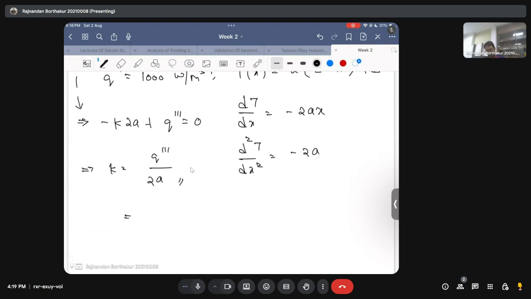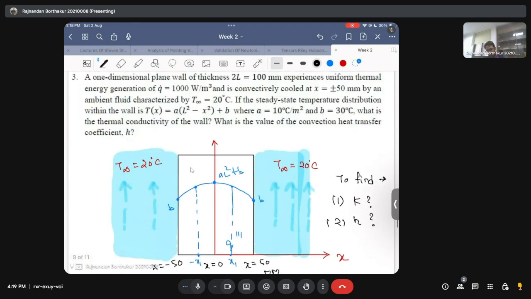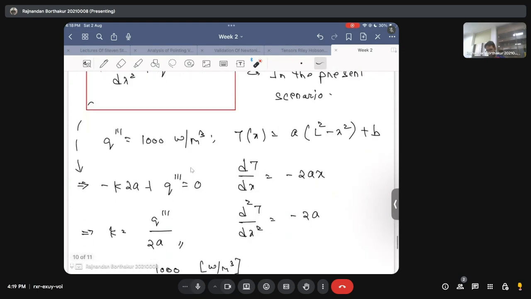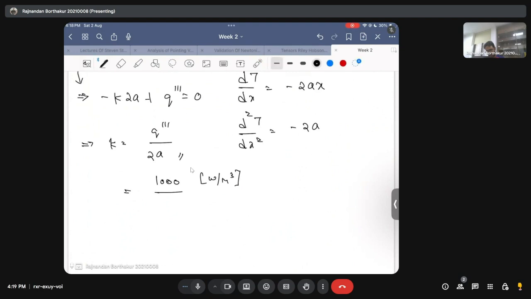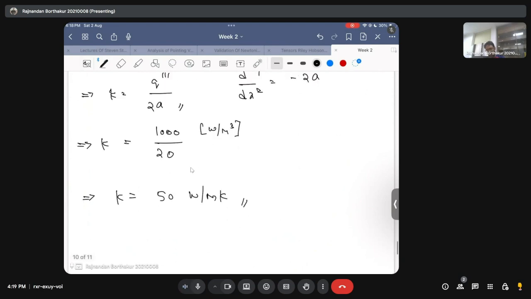So we know that q double prime was 1000, but remember this unit is watt per meter cube, and a is given as 10. So twice of a would be 20, which means that your k, that is your thermal conductivity, is 50 watt per meter Kelvin. That's typically the value of your thermal conductivity.